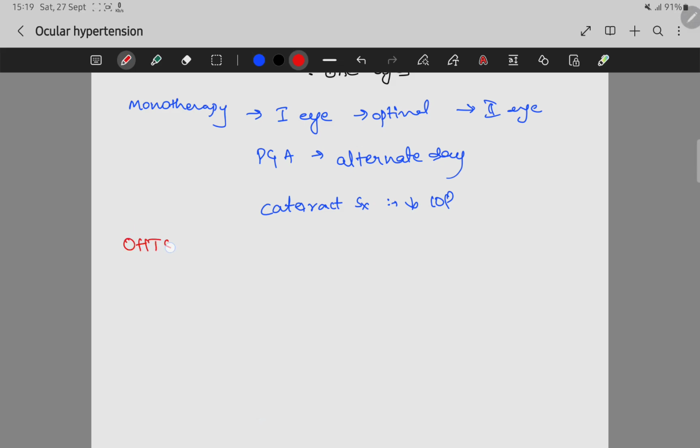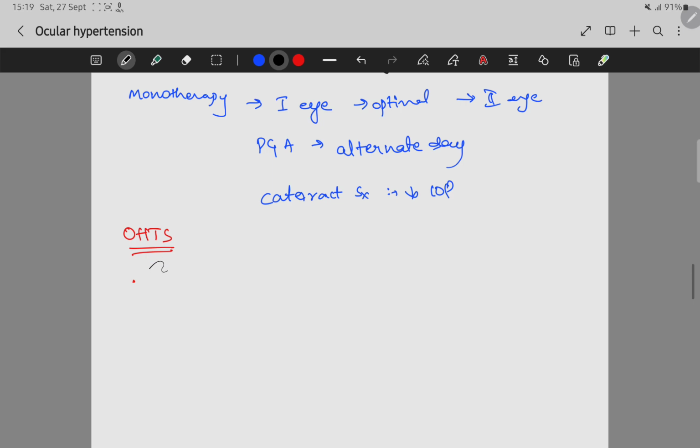The Ocular Hypertension Treatment Study was done to evaluate the safety and efficacy of topical ocular hypotensive medication and its effect on patients with ocular hypertension.